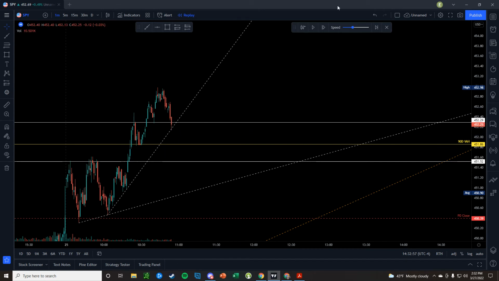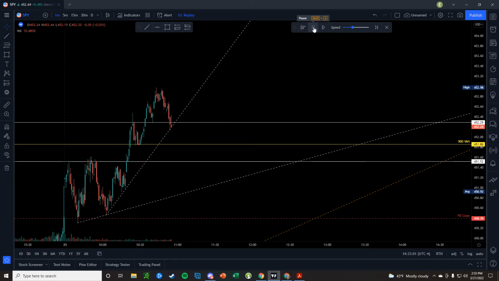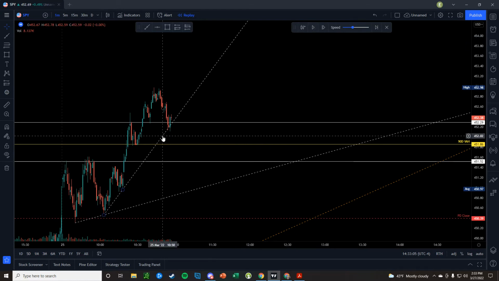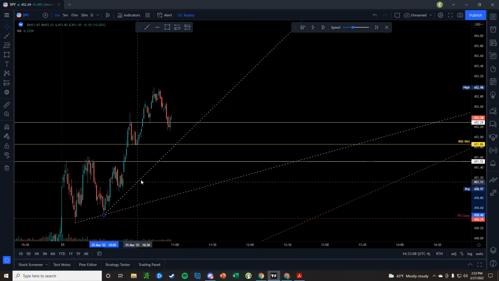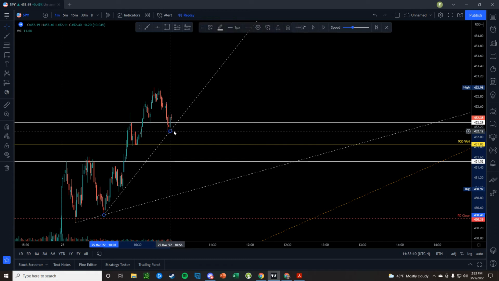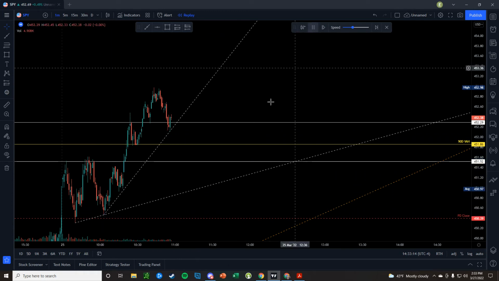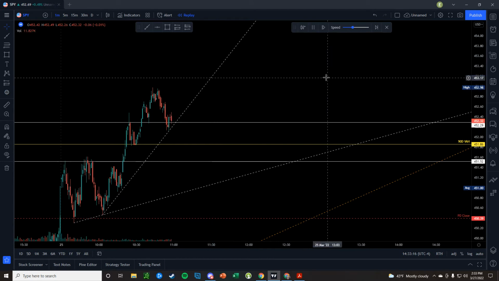But where's that low going to go? Let's pay attention. Looks like our trend line held a little bit. We're going to redraw it. There we go. Now we've got some nice, crisp, solid touches here. Let's see if this structure maintains.